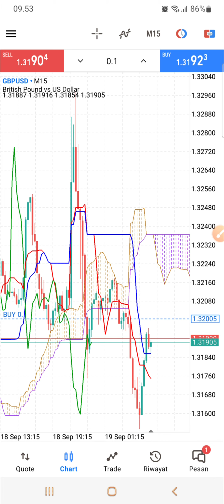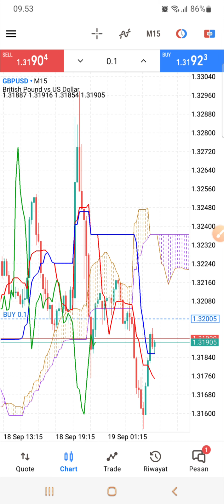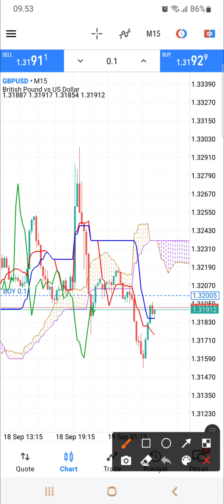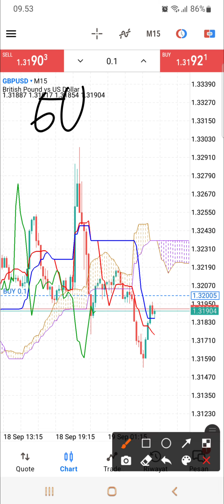What I mean is, if we are trying to buy pound dollar, then we have to sell euro dollar. If we want to sell pound dollar, then we have to buy euro dollar. We cannot trade both of these pairs in the same direction. We must have the contra direction, a contradiction.